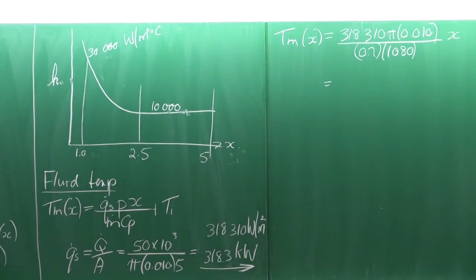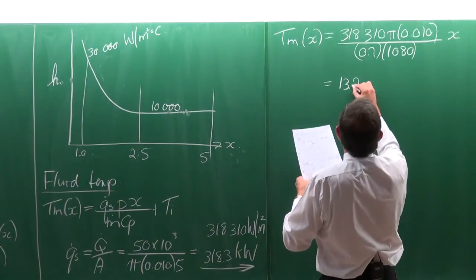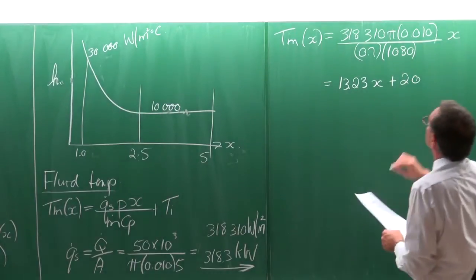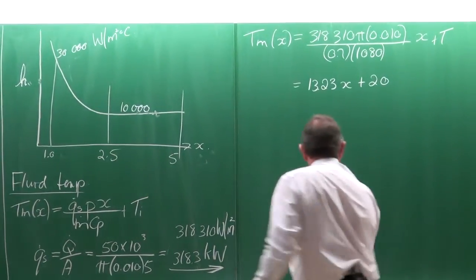So the result is 13.23 x plus the inner temperature, which is 20.